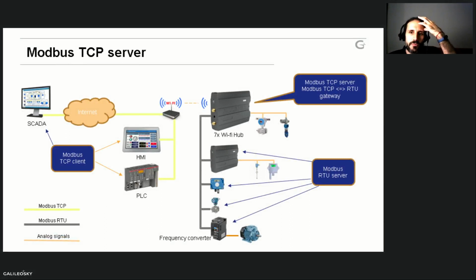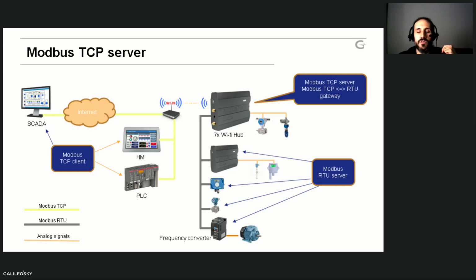We are talking about Modbus TCP server. So the idea is that you can get Modbus information from Modbus RTU networks or from Modbus RTU buses and show it in devices that are connected to TCP networks, right?